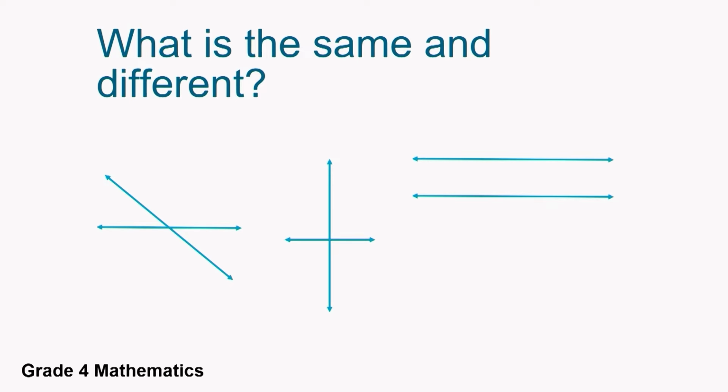You might have noticed that the first two sets of lines cross each other, and the last set does not.